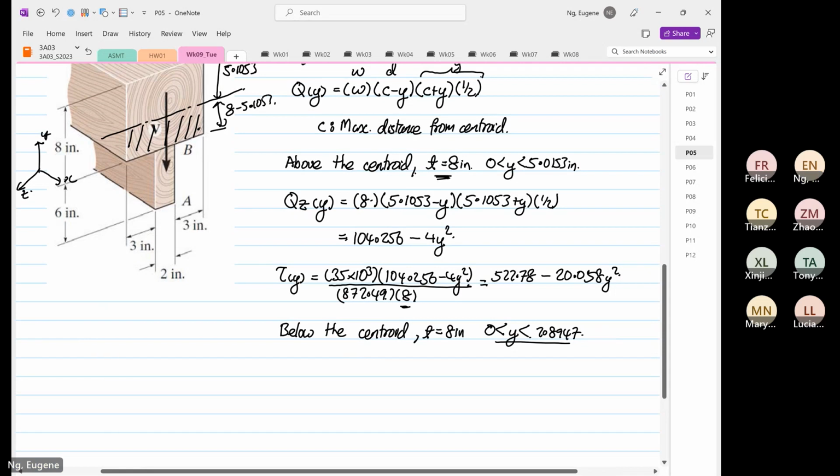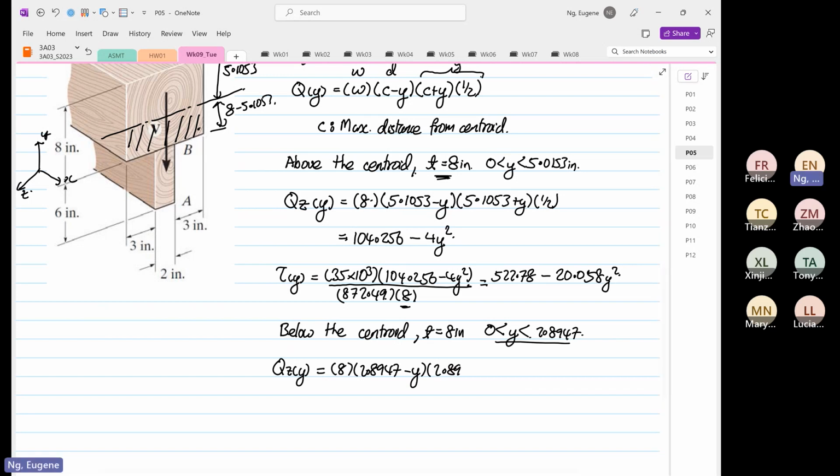So again Q_z of y, the width, now becomes 2.8947 minus y, 2.8947 plus y, multiplied by half.